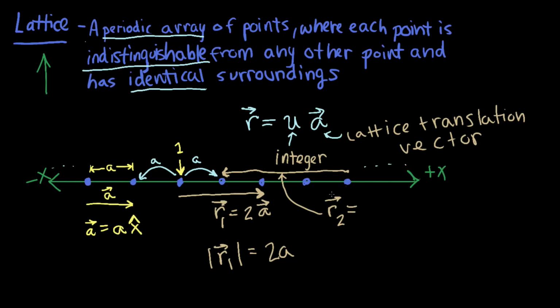R2 would be 1, 2, 3. R2 would be minus 3 times the lattice translation vector A. The magnitude of R2 is simply 3A.